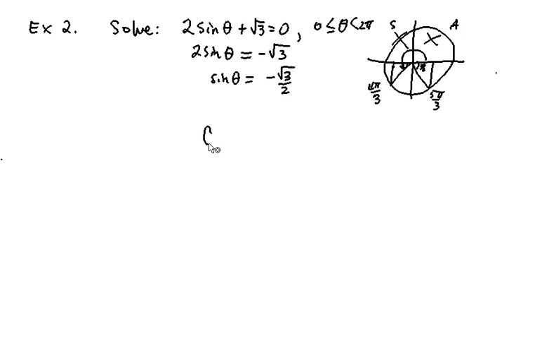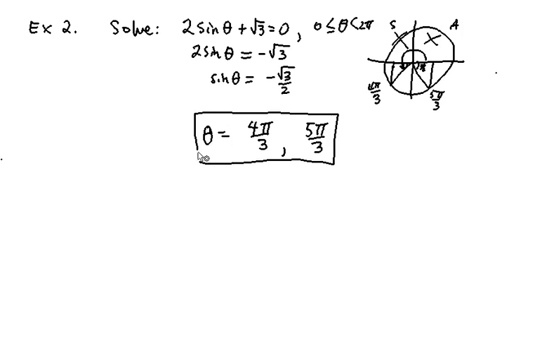So theta must be equal to 4 pi over 3 and 5 pi over 3. So this would be my answer. And we have to check to make sure that it's within our original domain. Both of these answers are bigger than 0 and less than 2 pi. So this is correct.